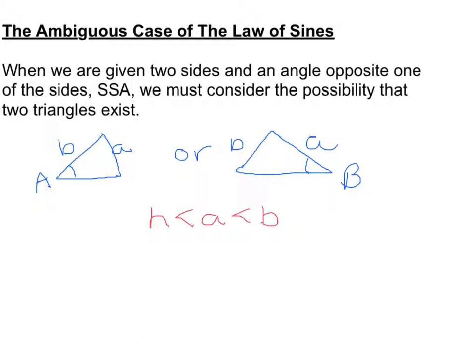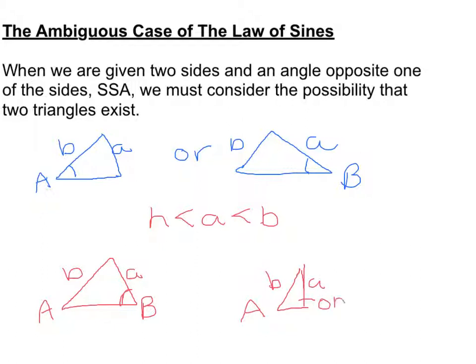So two possible triangles may exist. We may have a triangle where we're given side B, side A, and angle A. We know this, and angle B might be acute, or we could have the case where, given the same side lengths and the same angle measure, this angle right here is obtuse.